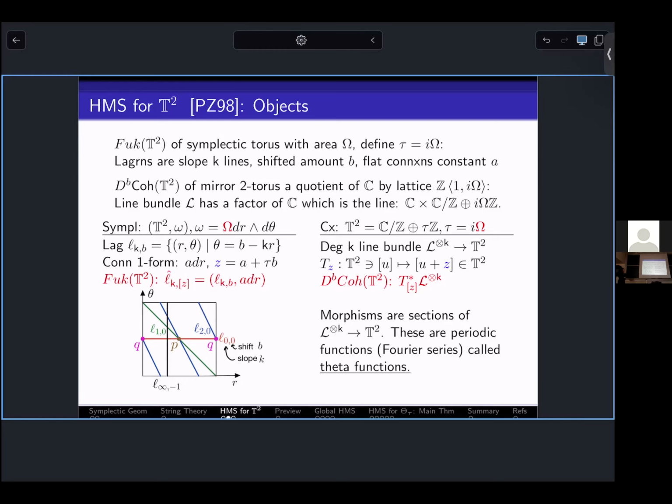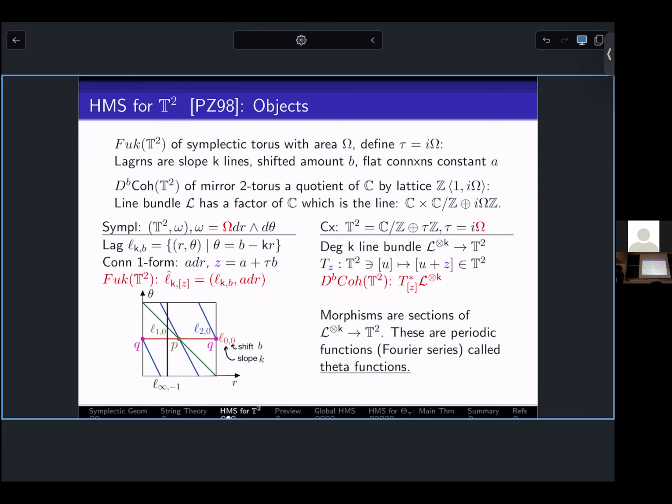On the mirror side, we have degree k line bundles that are mirrored to slope k Lagrangians, and we allow a shifting by an amount of the same number Z. So the mirror brane here is a shift by Z of a degree k line bundle. And for the mirror morphisms, we have intersection points on the Fukaya category side.